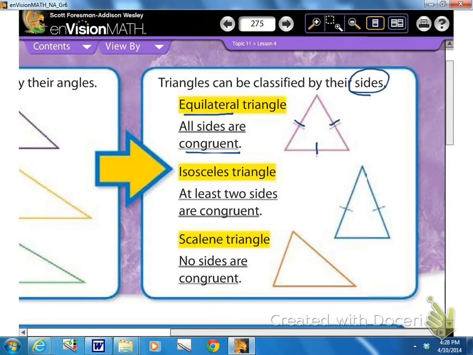We have an isosceles triangle, which has at least two sides congruent, and here we have two sides that are congruent, and this means these angles are actually also going to be congruent. If you think of isosceles, maybe think of your eyes. You have two eyes, and these have two sides that are congruent. And then scalene triangles have no sides congruent, so not one side is going to be the same length.